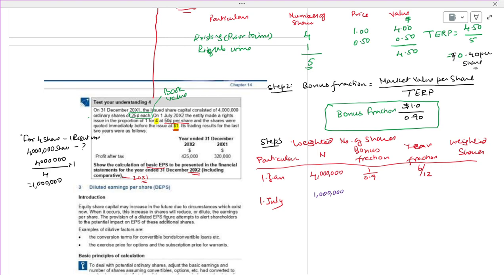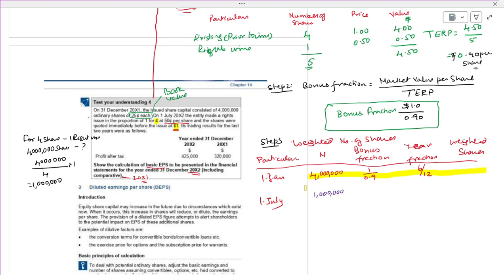Okay? Now, first you calculate this, how much will you get? First you calculate this one. $4 million times 1 divided by 0.9 times 6 divided by 12.